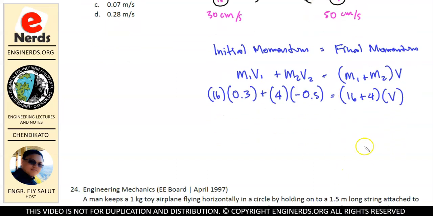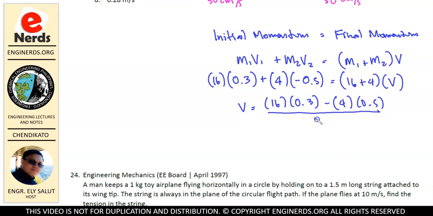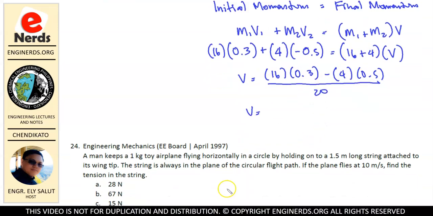As you can see, we can solve for our velocity on this equation. So velocity is equal to 16 times 0.3 minus, because we have negative here, 4 times 0.5, divided by 16 plus 4, which is 20. Now we can solve for the value of v.